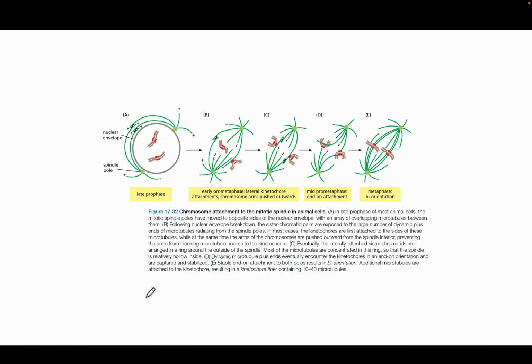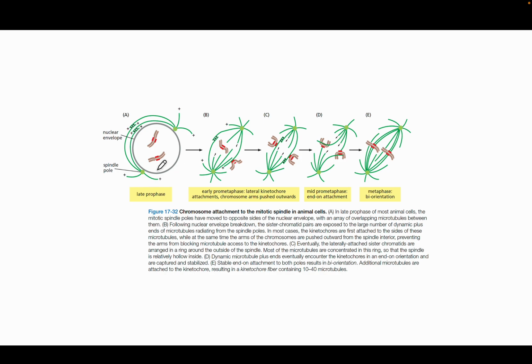Now we'll briefly go through chromosome attachment to the mitotic spindle in animal cells. This is late prophase, this is early prometaphase where chromatids are now going towards the equator, this is mid prometaphase, and this is metaphase where they are oriented by biorientation, as you can see.